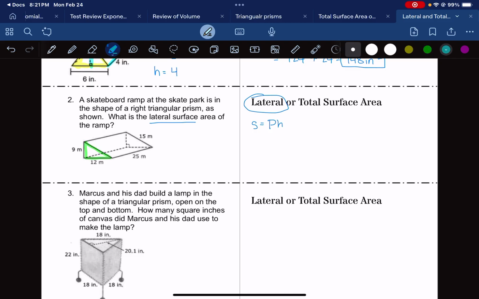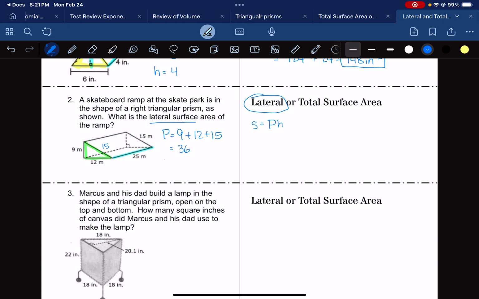Okay, and then my height of my prism, because I'm going to need that, is the distance between those two triangles. So perimeter equals, well, 9 plus 12 plus the 15 that moves over. So if you had 9 plus 12 plus 15, you get 36.